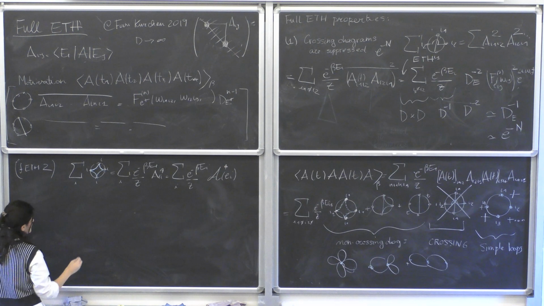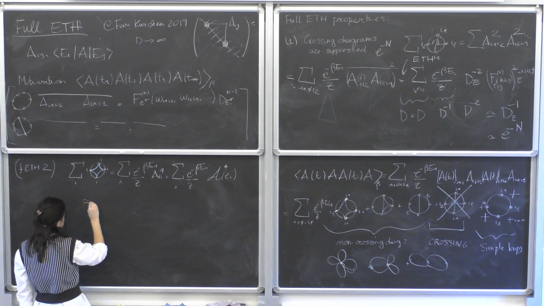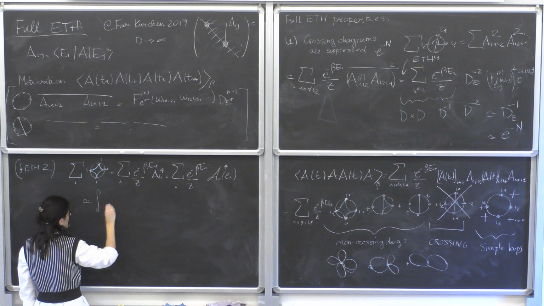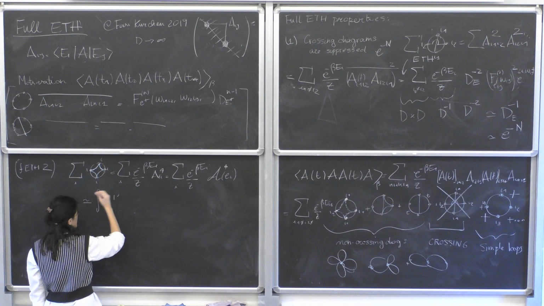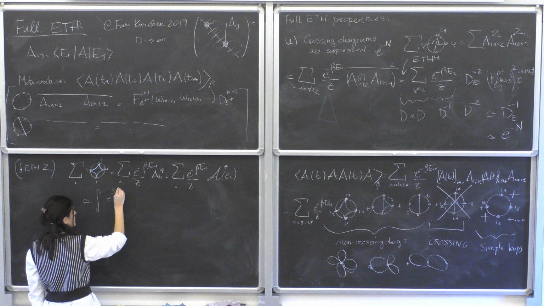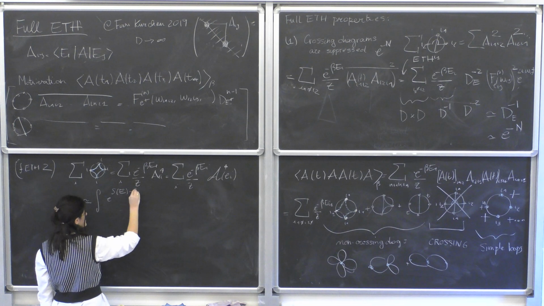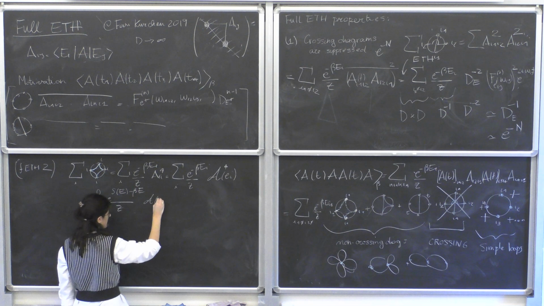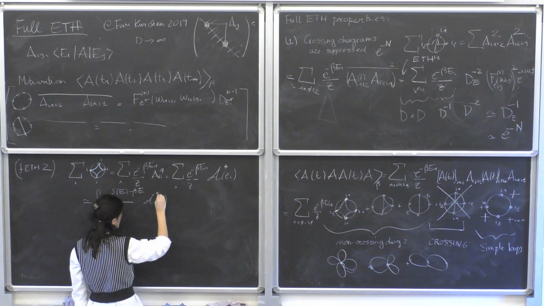Okay. And now I pass from the sums to the continuum. So this is the integral of e to the S of E minus beta E divided by Z, A of E to the 4th.